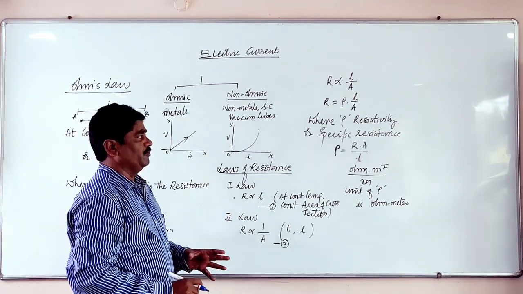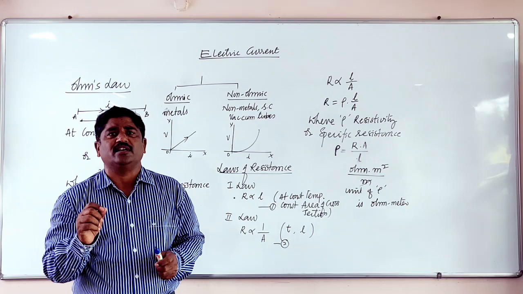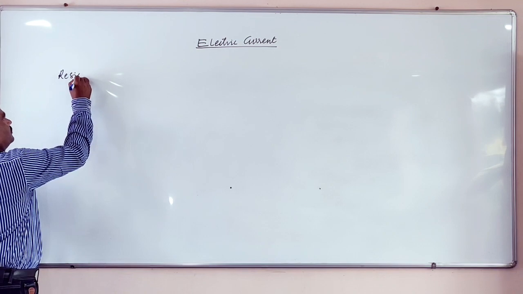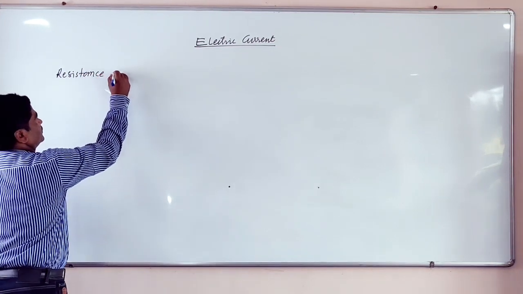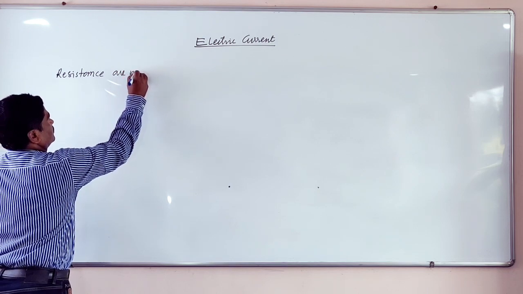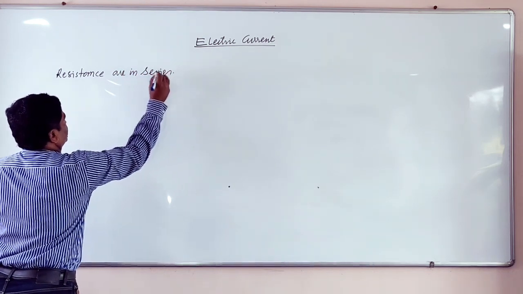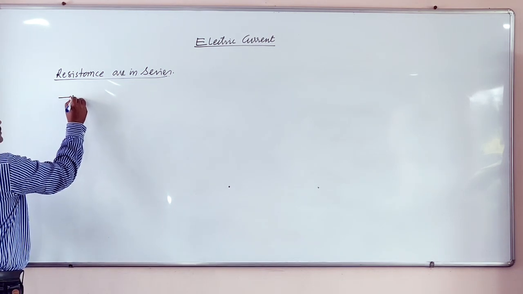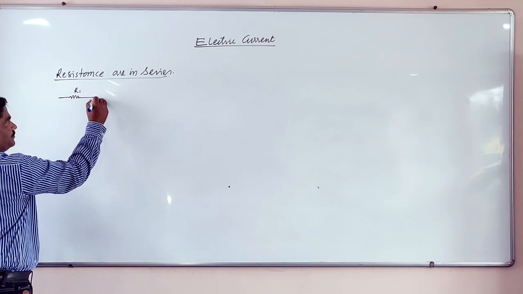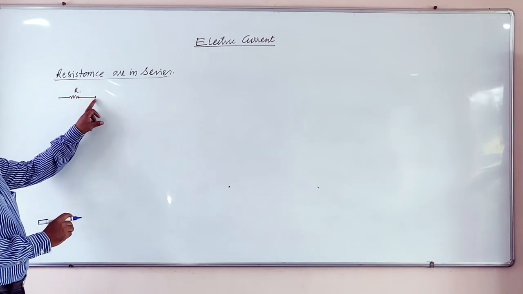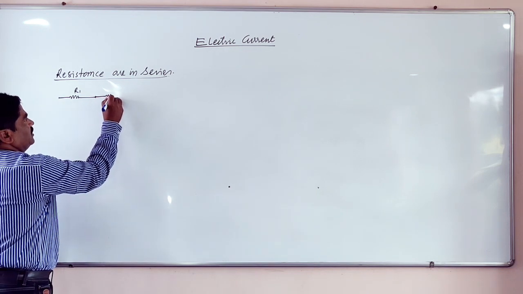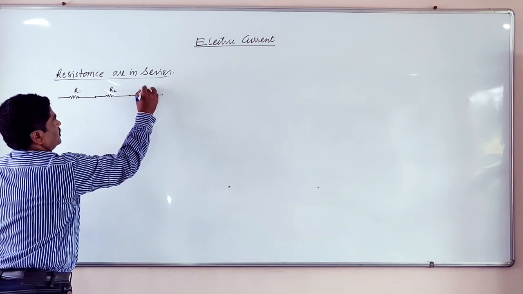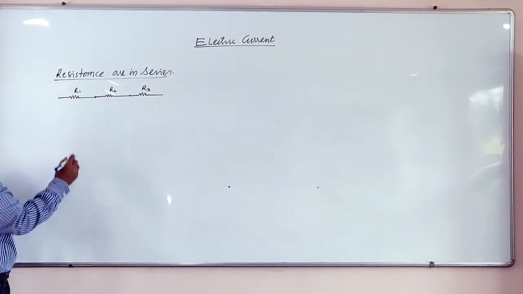After this, we can discuss how resistances are connected in series and in parallel. Connected in series: when a resistance R1 has one end connected to the other end of another resistance, and so on, this combination is said to be a series.